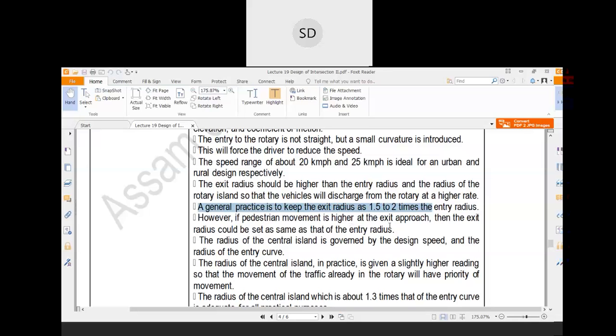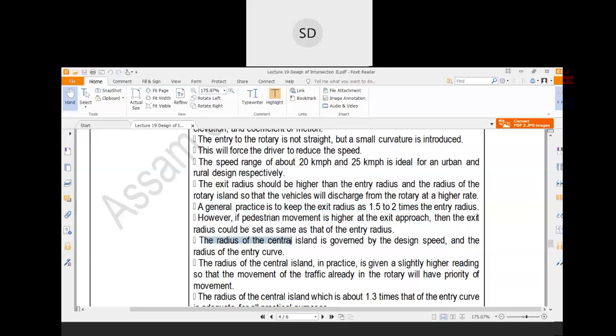If the pedestrian movement is higher in a particular rotary intersection, you can put the entry and exit radius similar. Because if you put the exit radius as 2 times the entry radius, the speed of the vehicle will not increase.